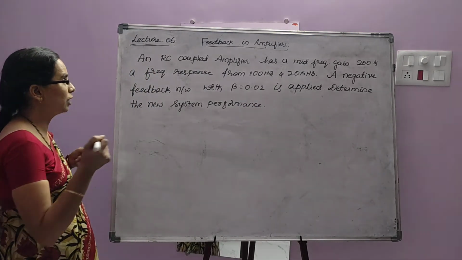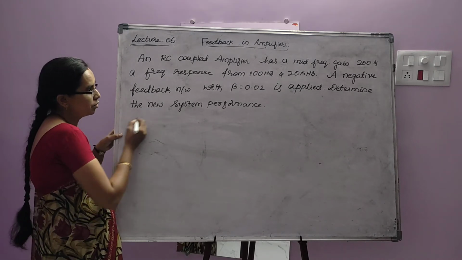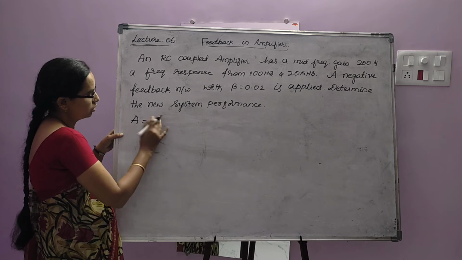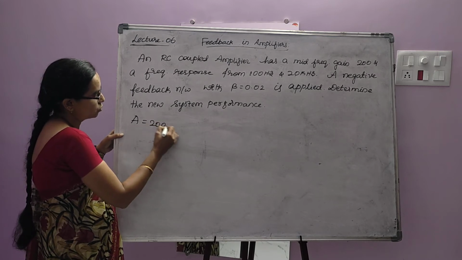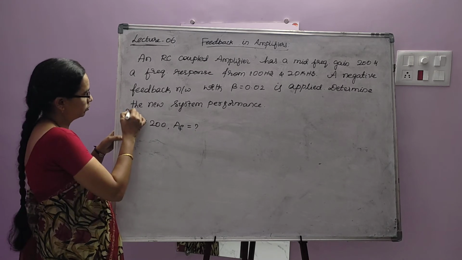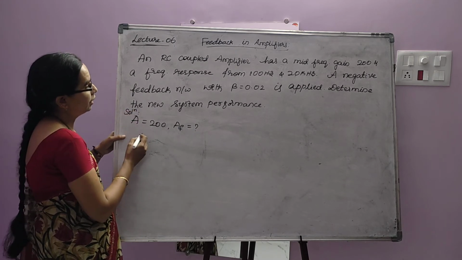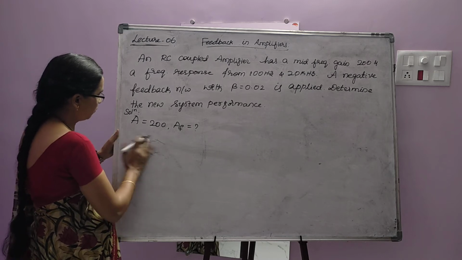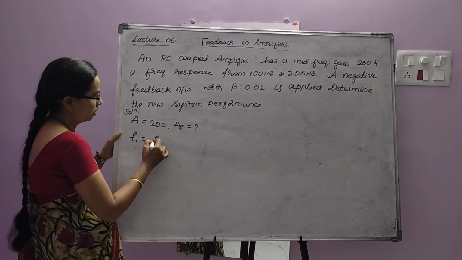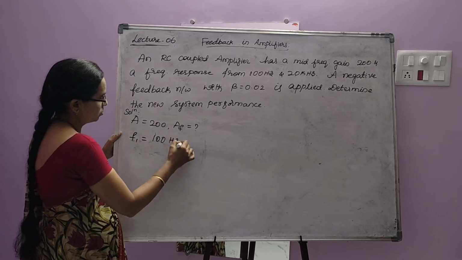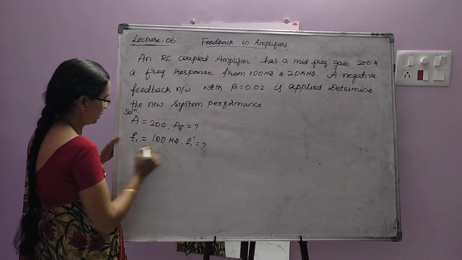What in all we have to calculate is the new system. A they have given, it is 200. So we have to calculate the new system AF, and bandwidth. F1 they have given, F1 is 100 Hz, so F1 dash we have to calculate.